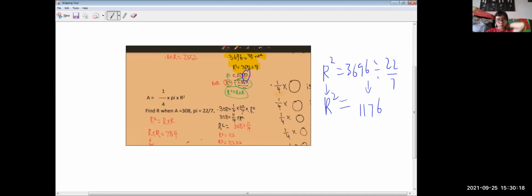Who asked you to times 2? What's the R square? Left-hand side R square. This one divided by this one, I get 1176. That's all. Where's the R square?